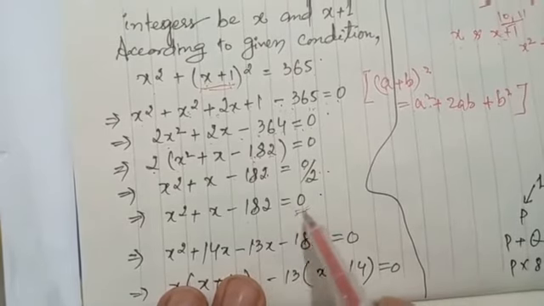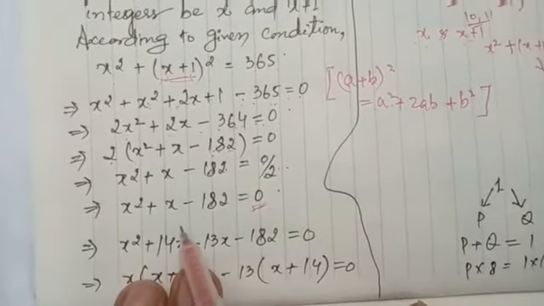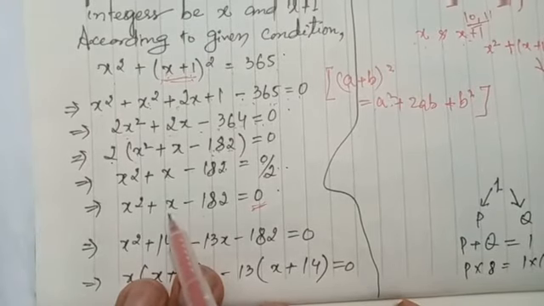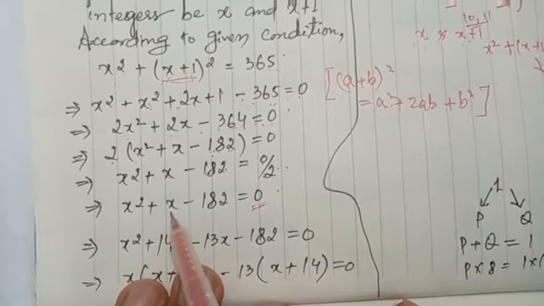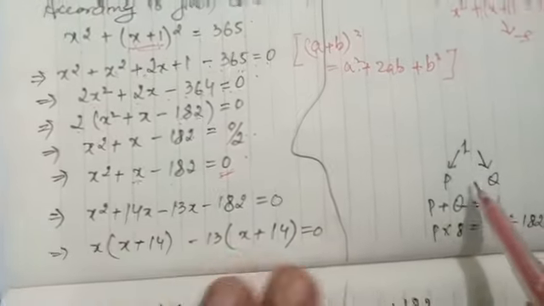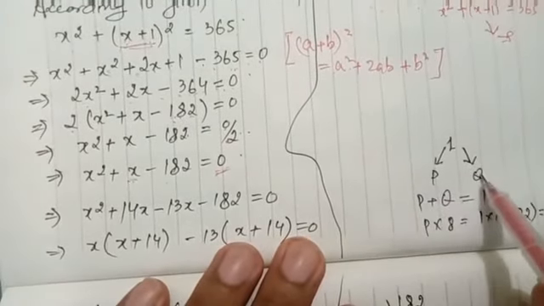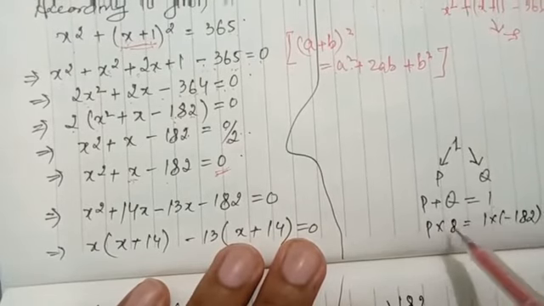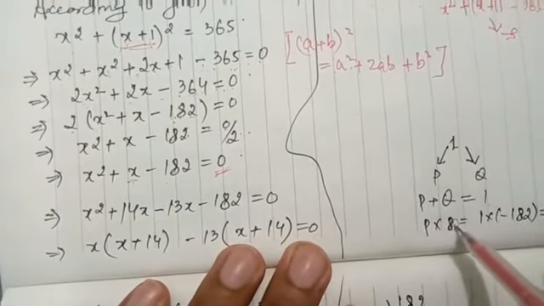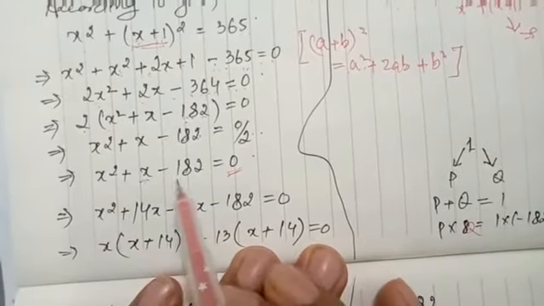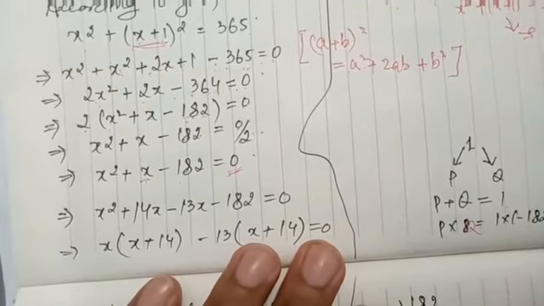This is the quadratic equation. See here in this quadratic equation, what is the coefficient of the middle term x? That's 1. So I should break the 1 into two terms, p and q, such that the sum of p and q should be 1 and the product of p and q should be 1 into minus 182, that's minus 182.